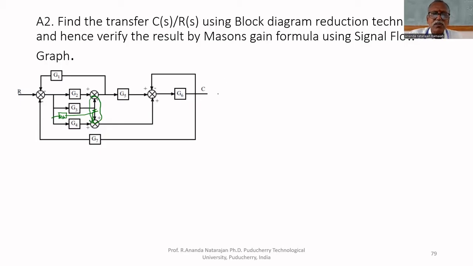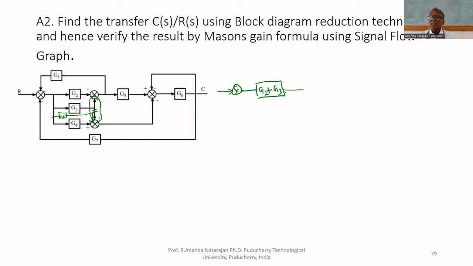If you redraw the circuit, what you will get is G2 plus G3. So there is no need of a summing junction. Many have drawn the summing junction also.